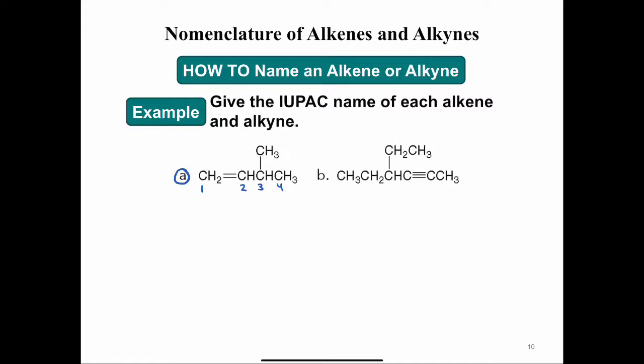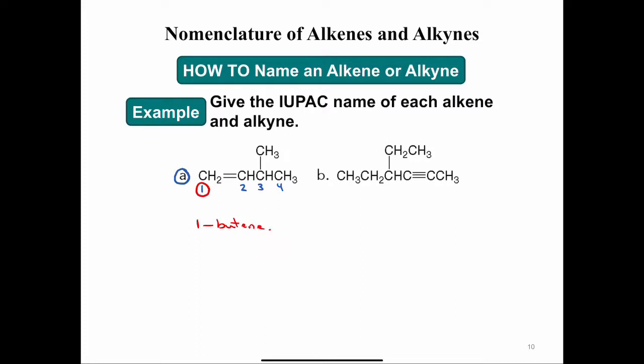Now you can see that the longest carbon chain that contains that double bond has 4 carbons. So if we have a 4-carbon alkane, it would be butane. So of course, since this is an alkene, it becomes butene. Then I have to prefix butene with the number of the first carbon in the double bond. So this must be a 1-butene.